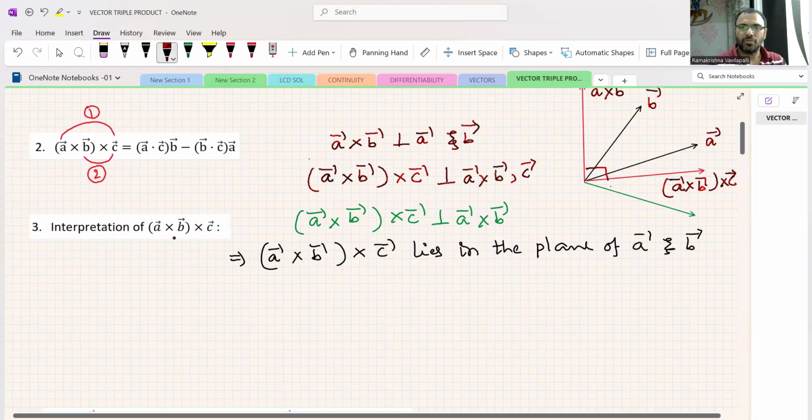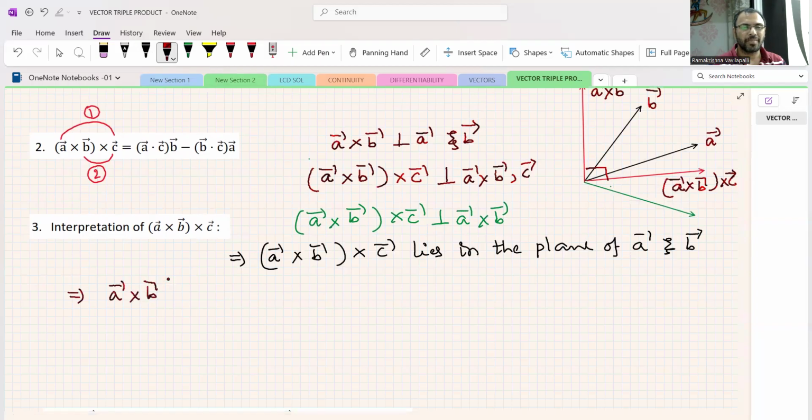So any vector in the plane of A bar and B bar can be written as a linear combination of those vectors. Therefore, I can write that A bar cross B bar cross C bar lies in the plane of A bar B bar, so that I can write XA bar plus YB bar. Isn't it?